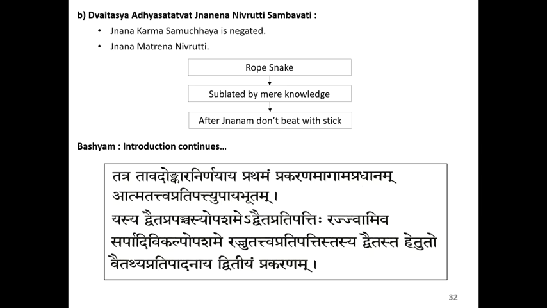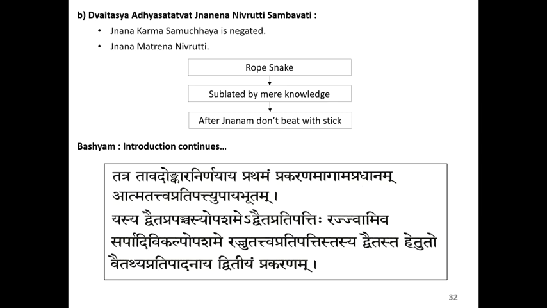Jnana karma samuchaya is negated. What he's saying is only jnanam is required. You don't need to keep on doing karma to get the knowledge of Atma. What you need is a source of knowledge like a Veda or Upanishad, which will tell me what lies beyond this body and mind.